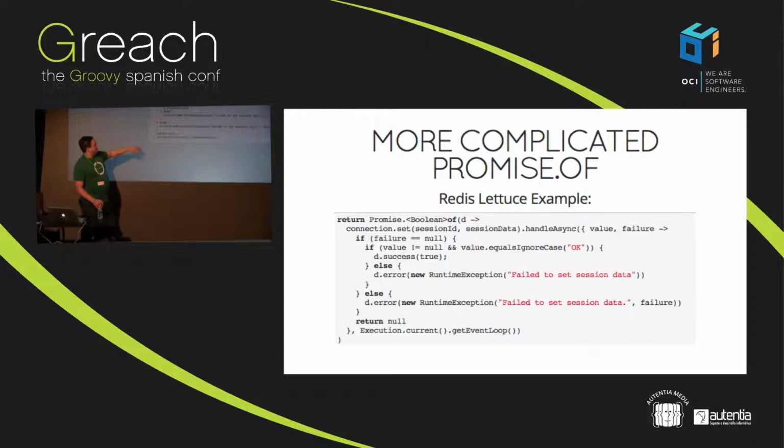But in the case of setting, there's also the case where the value isn't okay that comes back, and that's when we'll actually throw an error right here. And there's the case where the value that came in is null, we actually get a failure command from the Lettuce implementation, and that's why in this case we have a new RuntimeException that we're also passing the failure into. That allows us to see a fuller stack of what actually went wrong.